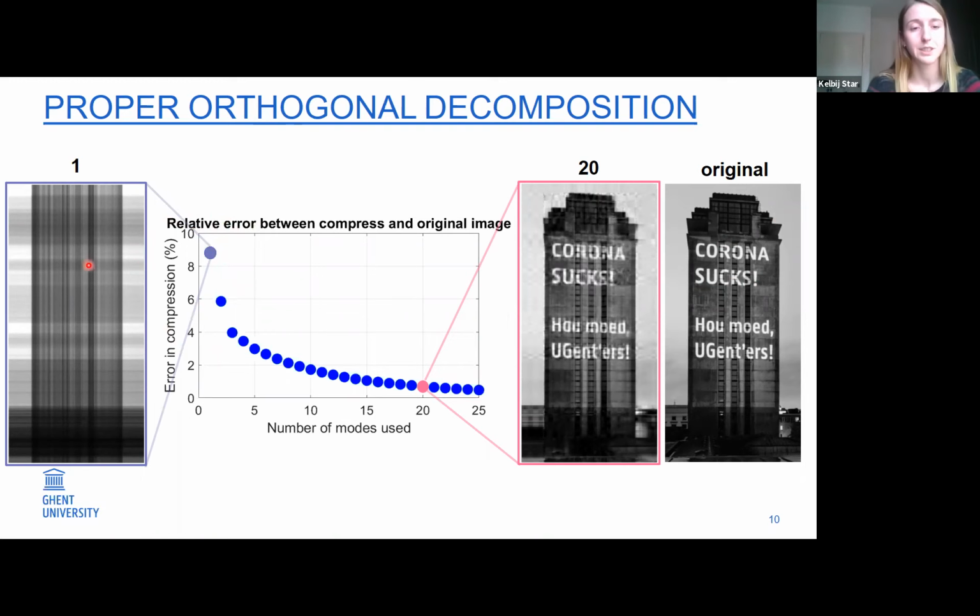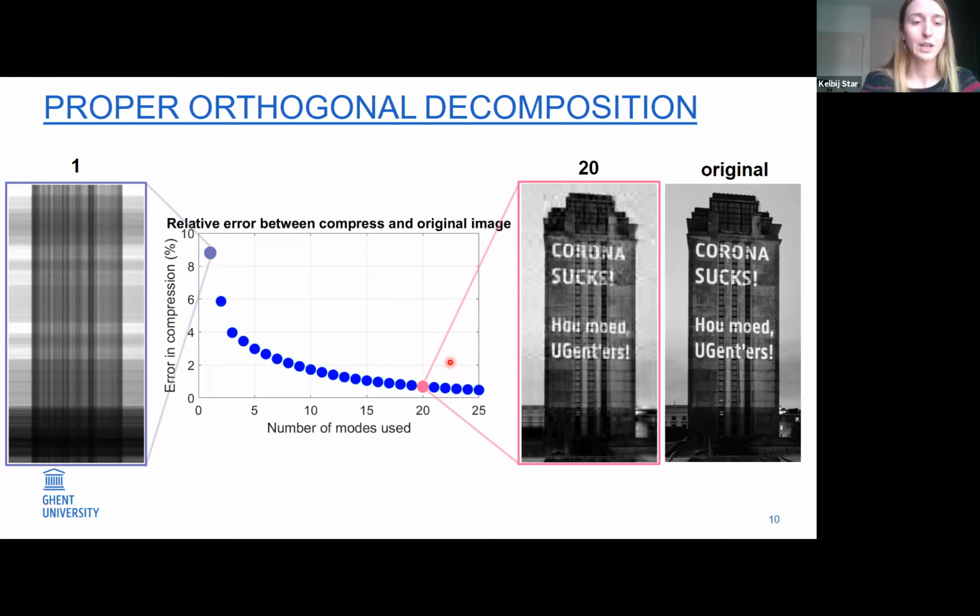With the first image, if I compare it with the original image, I make a large error, and I don't see any text appearing. If I add more modes, so 2 modes or 3 modes, each of the following modes adds some information, so we get closer towards the original. But you also see that the improvement we're making is each time a bit less as I introduce additional modes.